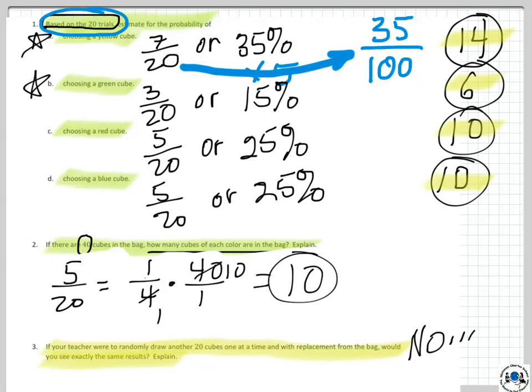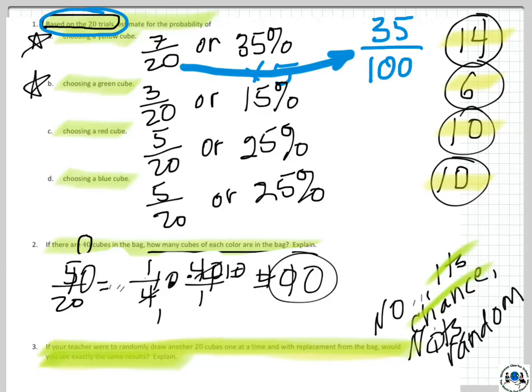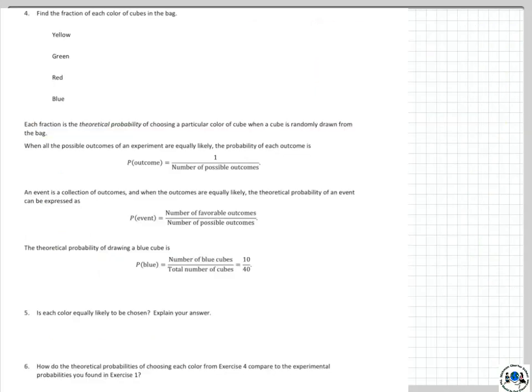You saw how different those were. I had chosen 10 yellow the first time, and the second time I chose 7. So no, it won't be the same, and it probably will never be the same, and if it was the same, it's just chance. Absolute chance. Lots of randomness involved.